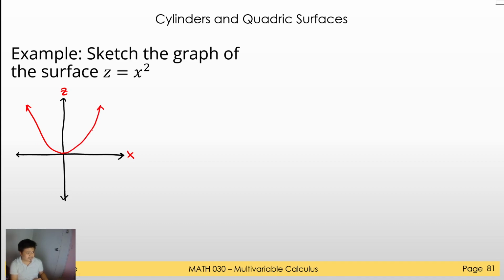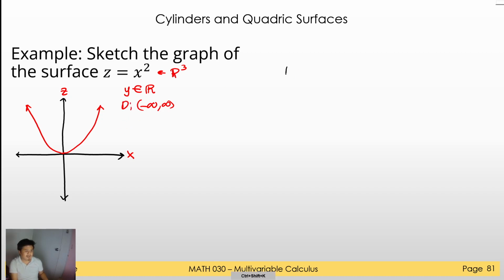But if we want to graph this in three dimensions, the graph will be translating in terms of y. There is no y here, therefore y's domain is any real number, from negative infinity to positive infinity.